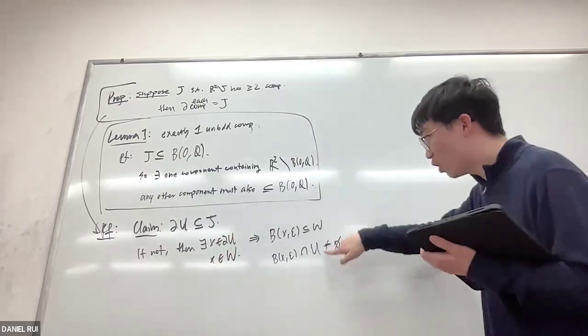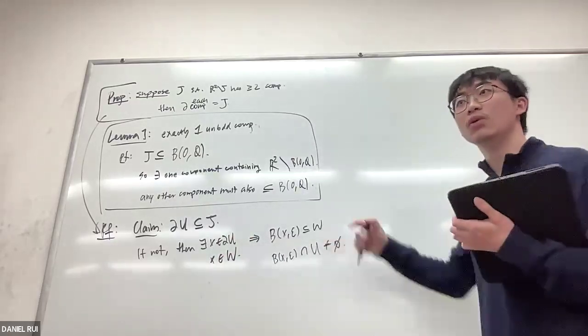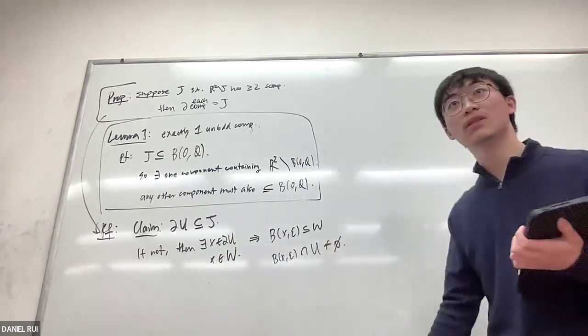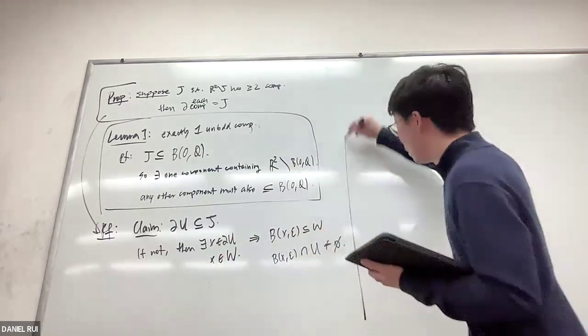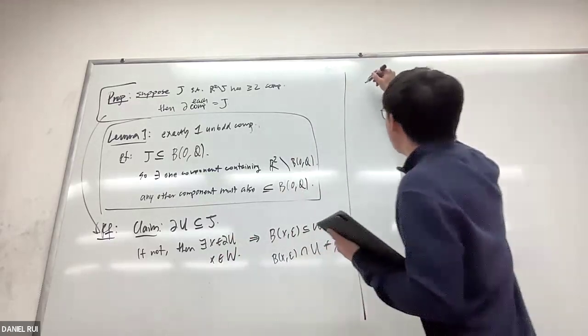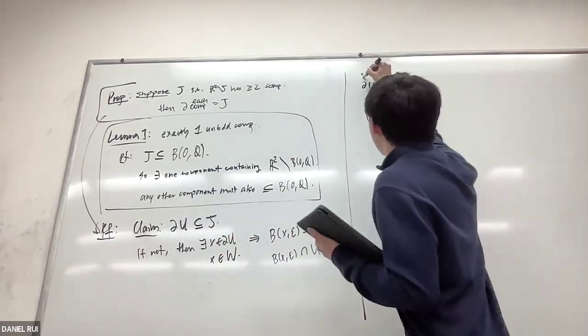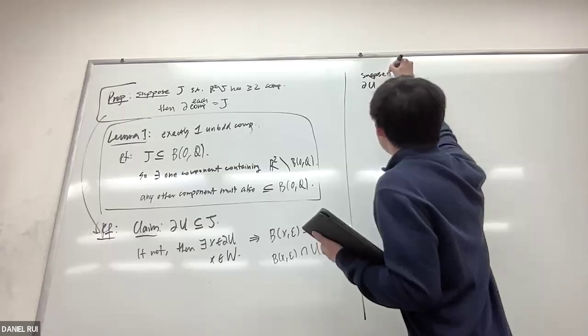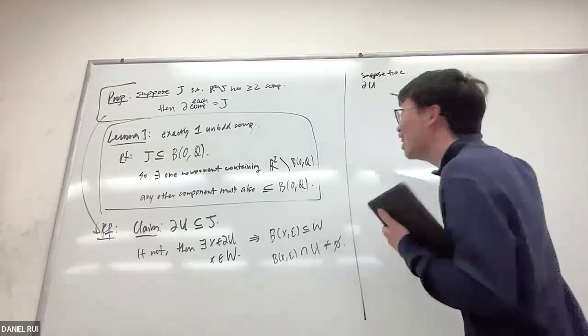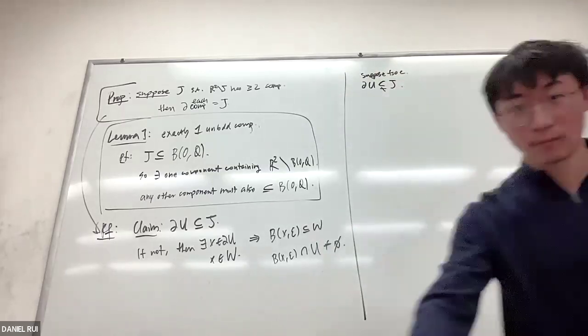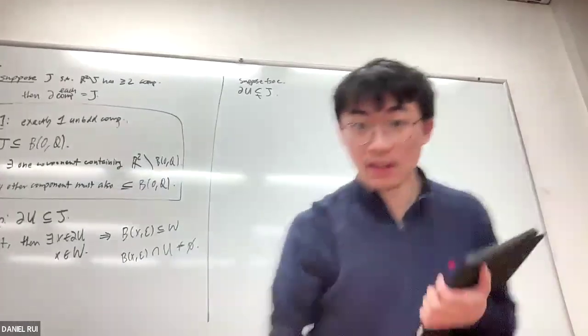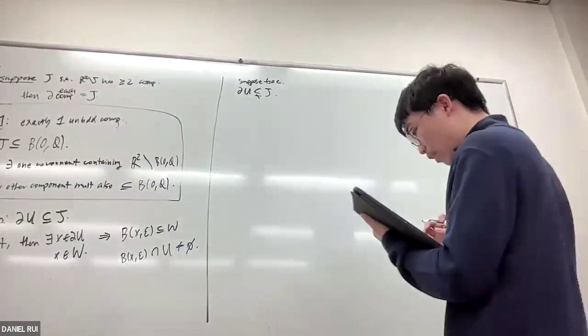But then I get a non-trivial intersection of U and W, which is not possible because they're disjoint components. So this claim is not the hard part. The interesting part is, suppose, again for the sake of contradiction, as in literally every proof, that the boundary is strictly contained in J. Then what?